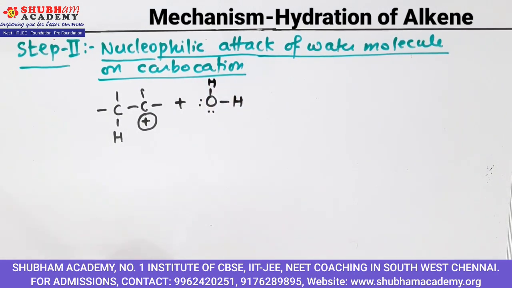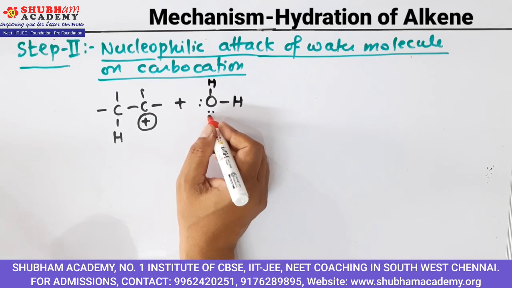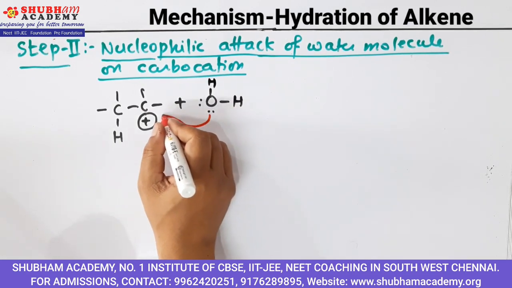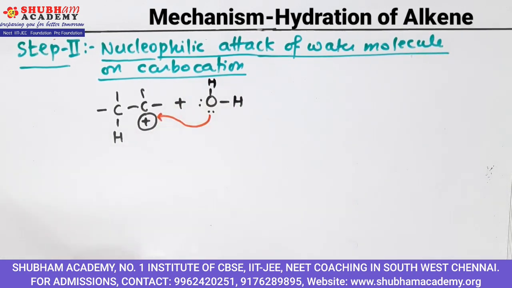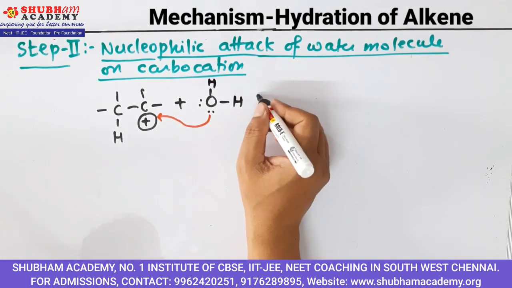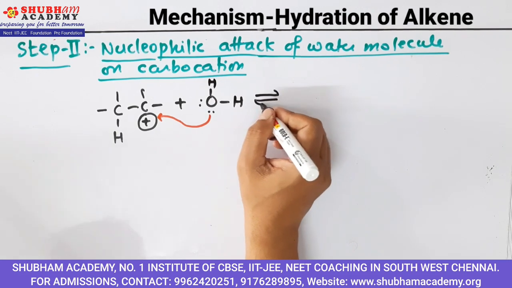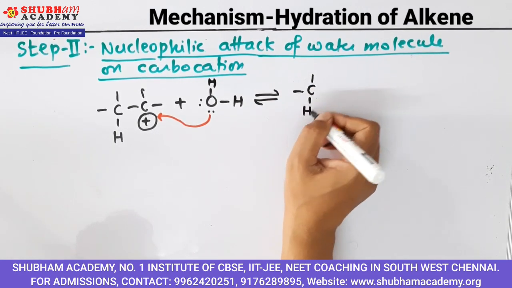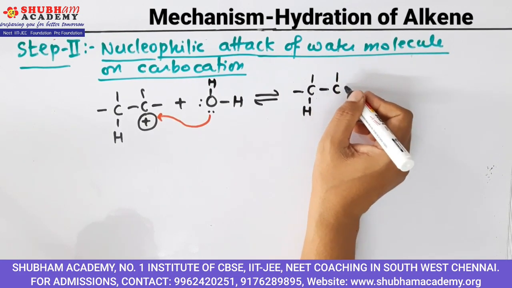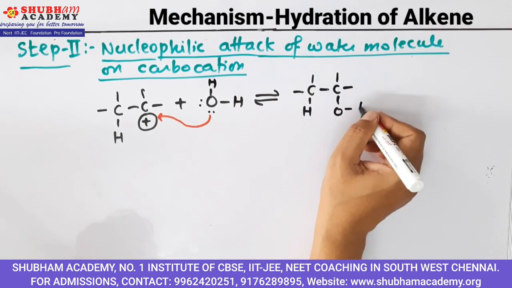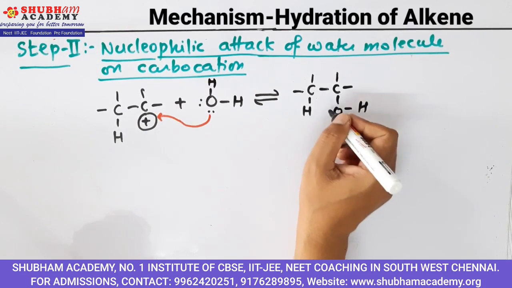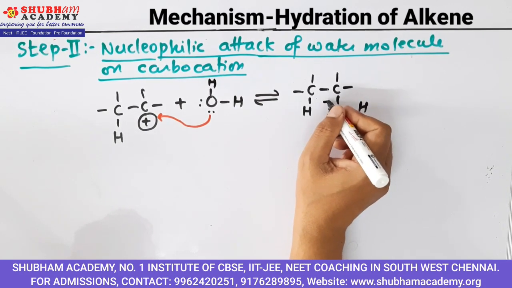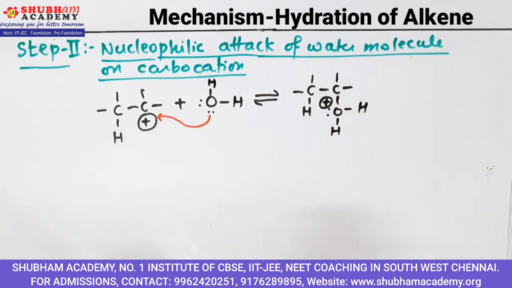So see what happens. This electron pair attacks this positive center, right? And we get in this way H, C, O, H, H, and here we get a positive charge, right?